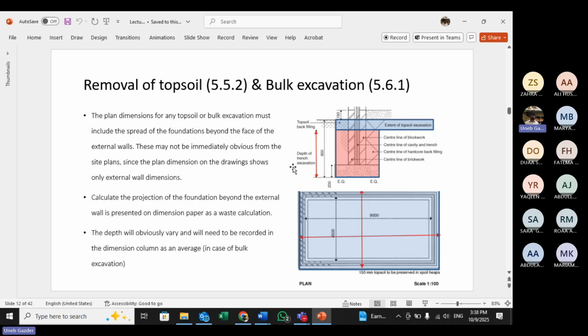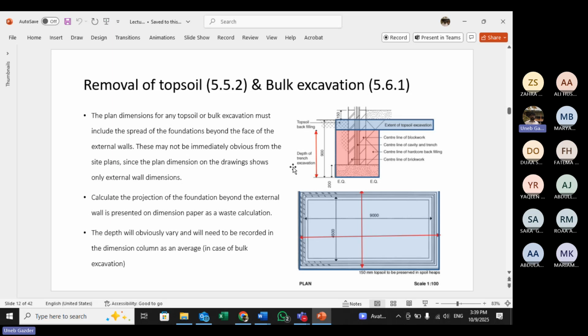Okay, and here, basically it is done till the extent or projection of the footing of the external wall or the column.